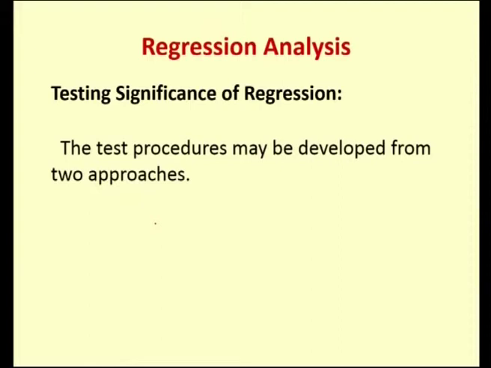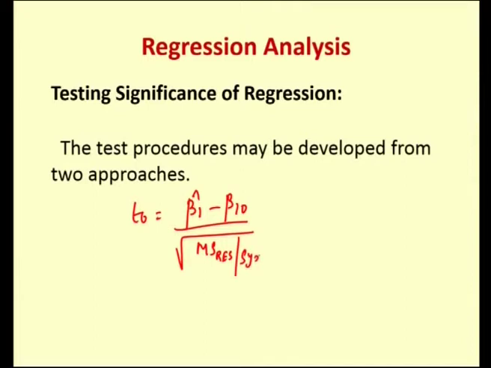In the first approach, we may use t naught equal to beta 1 cap minus beta 1 0 divided by the square root of mean square error due to residuals by Sxx, with beta 1 0 equal to 0.